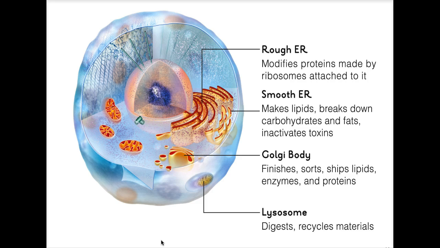We also see as part of this system lysosomes, and lysosomes contain hydrolytic or digestive enzymes that are responsible for decomposing or breaking down, or in essence digesting cellular contents that could be just worn out cellular parts, or they could be substances that the cell has brought in and need to be broken down.